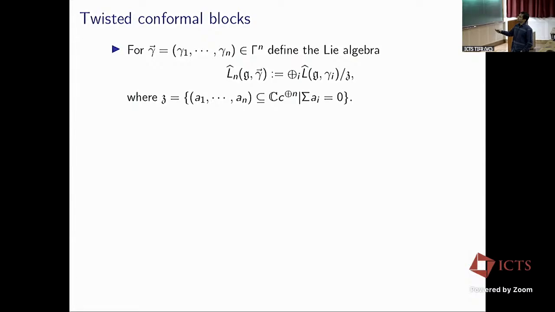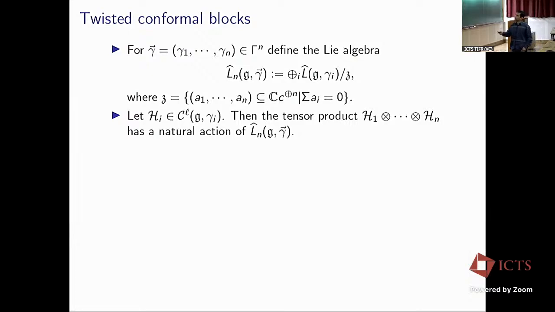This direct sum has a central component of dimension n, but we go modulo this n minus 1 dimensional subspace where the sum is 0. Since all the representations have level L, this direct sum acts on the tensor product, and this subspace acts trivially because they are all of the same level. So we get an action of this quotient on this tensor product.